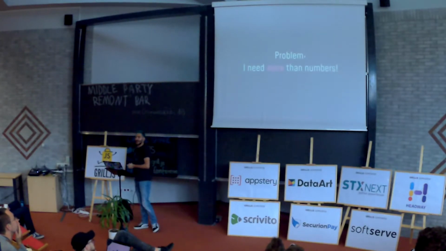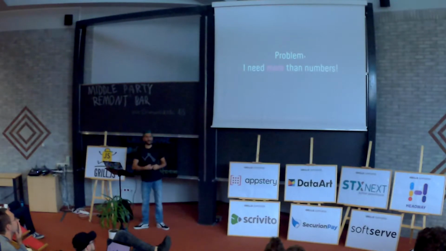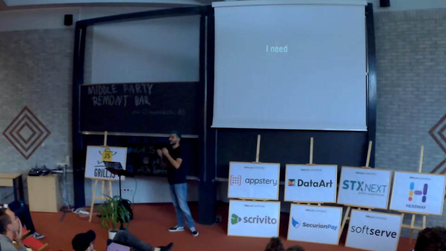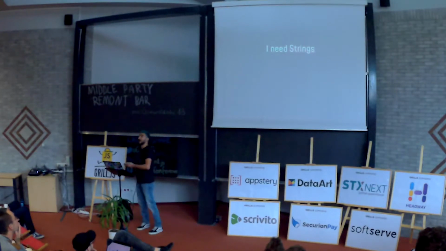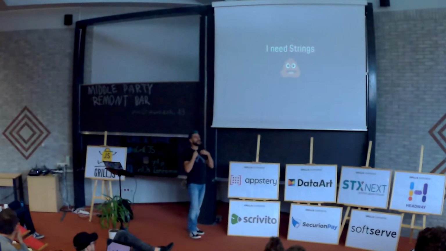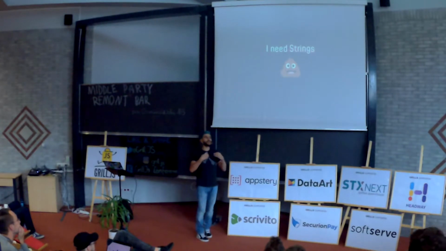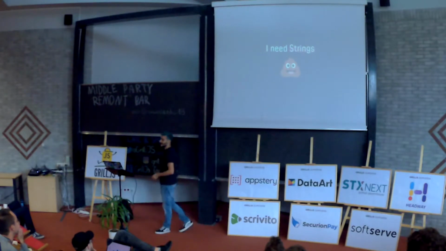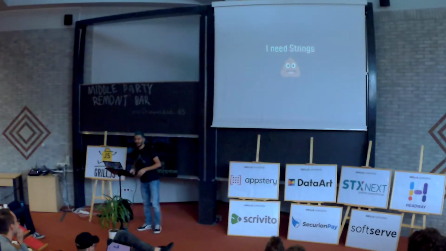So I need more than numbers. I need some complex things like strings, which are a big pain, because strings are really, really complicated, and numbers are really, really simple compared to strings or arrays and so on.